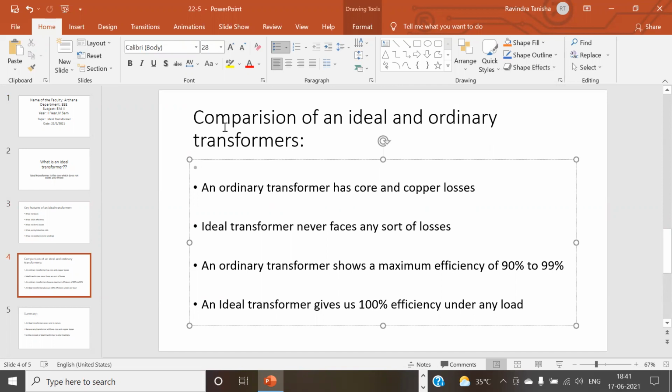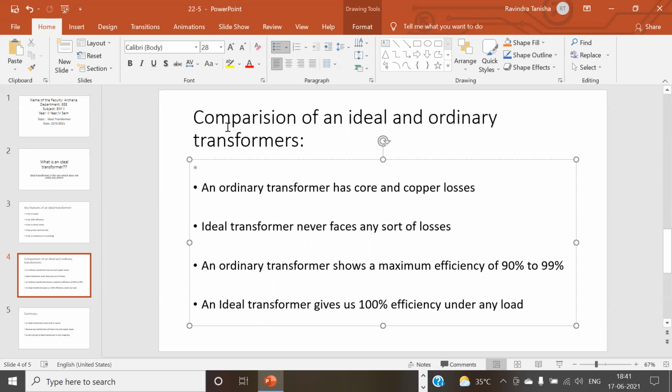What are the losses? The losses are of two types: iron loss and copper loss. Iron loss again comprises hysteresis and eddy current losses. The combination of hysteresis and eddy current losses together is called iron loss or core loss or constant loss.